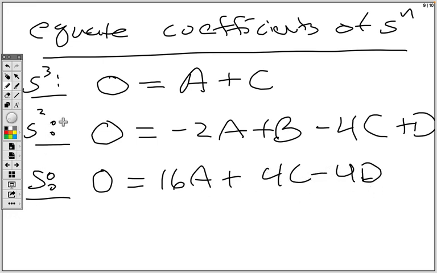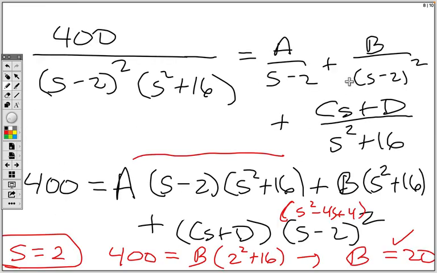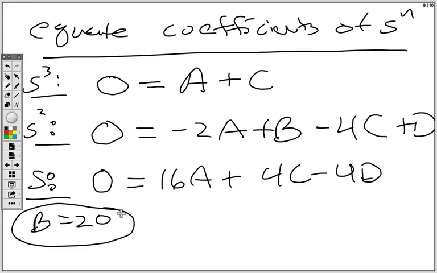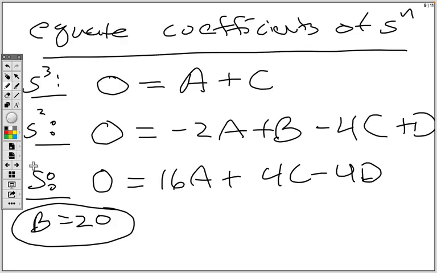And then finally the constants. But we already know that b is what? b is 20. So that should be the same as what we get for the constant. So now we just start plugging this stuff in. I know that a plus c is 0. That's our first equation. I'm going to plug in b as 20.